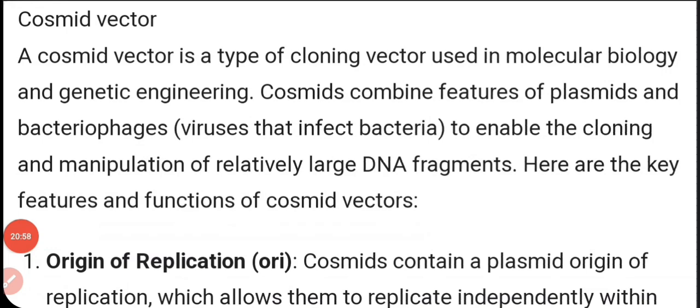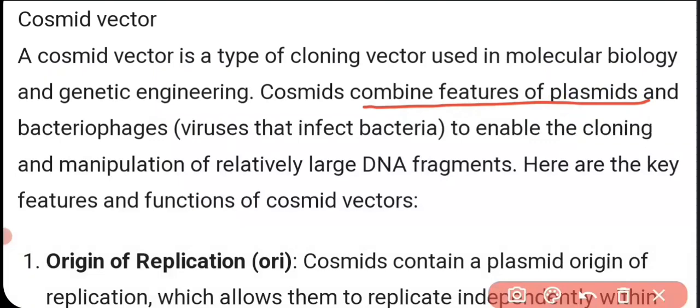Next is, what is a cosmid vector? See, when we want to clone or insert one big DNA fragment, we need cosmid vectors in molecular biology or in genetic engineering. So cosmid vectors combine features of plasmids of bacteria and bacteriophage.